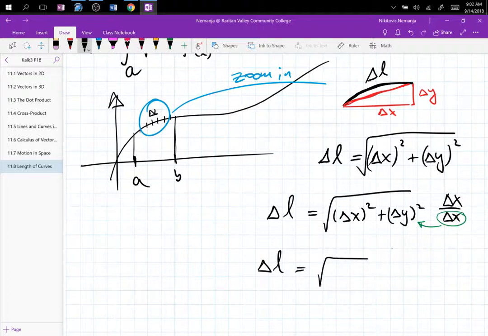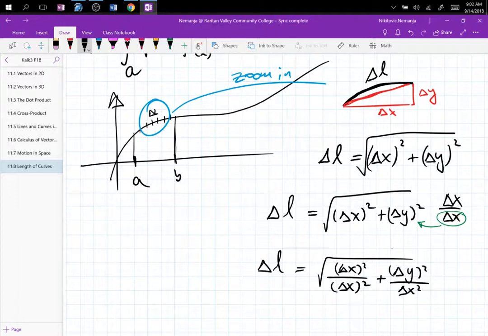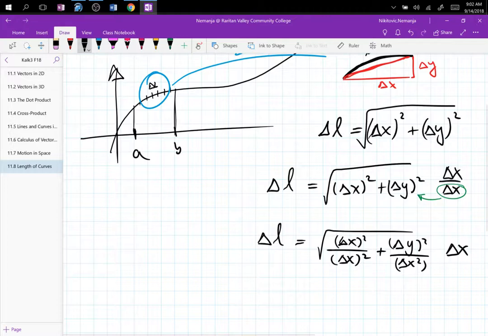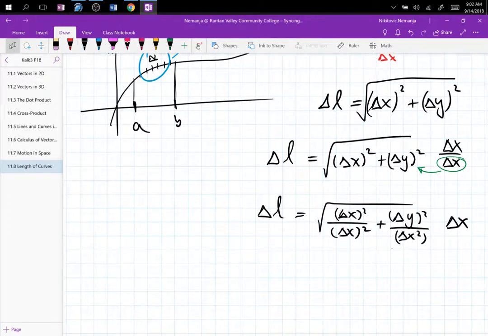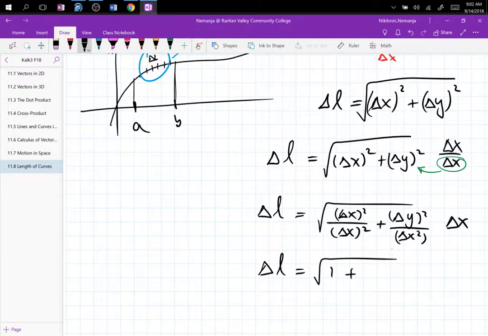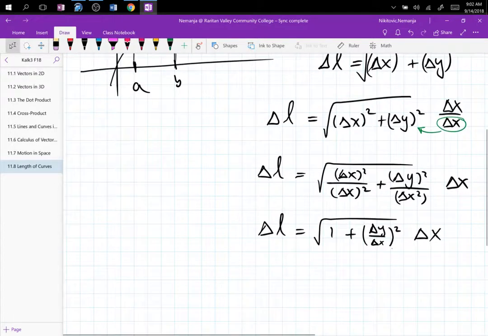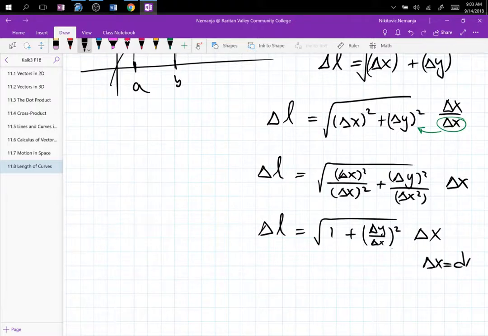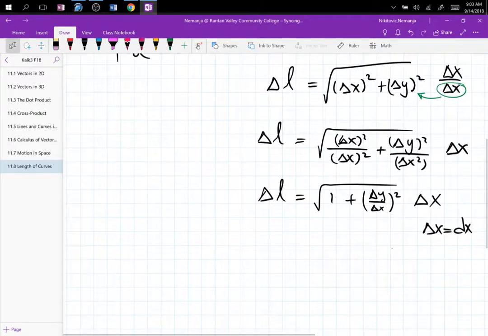So we have delta x squared over delta x squared plus delta y squared over delta x squared. And then on the outside you just have delta x left. Inside you will have 1 plus delta y over delta x squared, and delta x on the side, right? We know that delta x is the same as dx from chapter 5 in Calc 1.